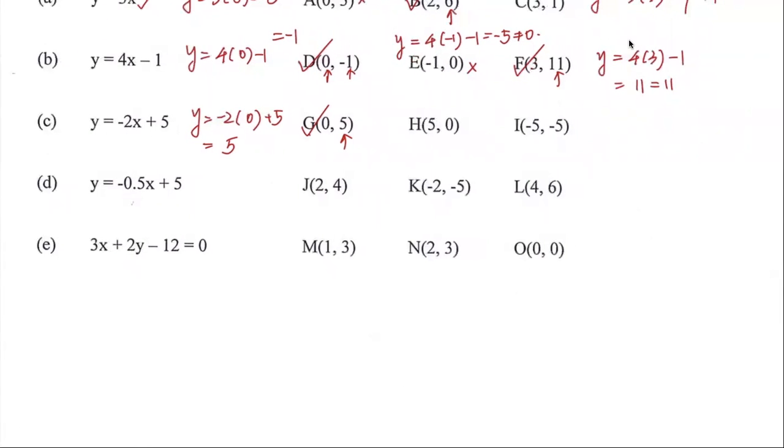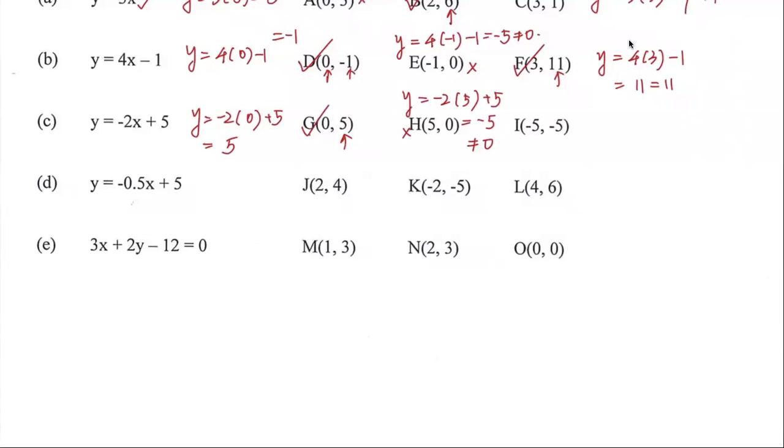What about H? y is equal to minus 2 times 5 plus 5. Minus 2 times 5, that's minus 10. Minus 10 plus 5, that's minus 5. And it's not equal to 0. So this point does not satisfy the equation.